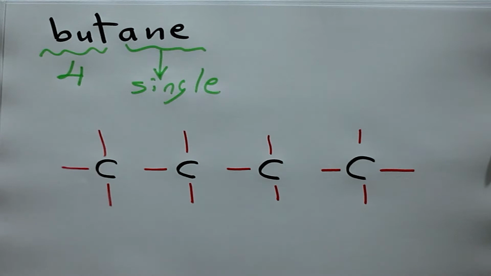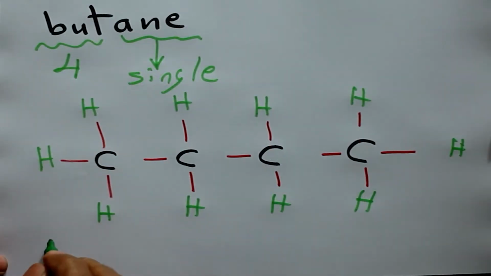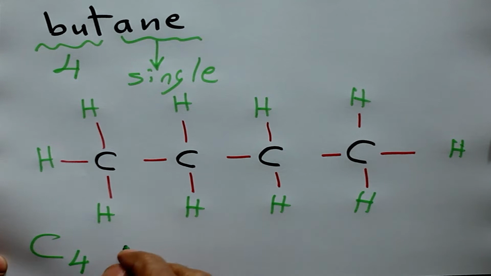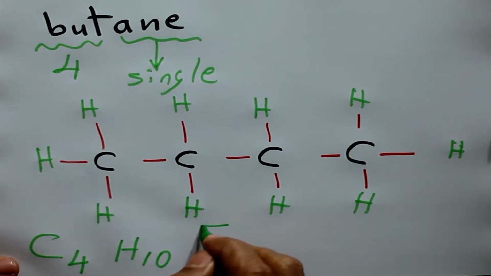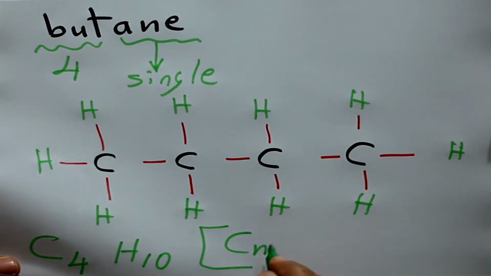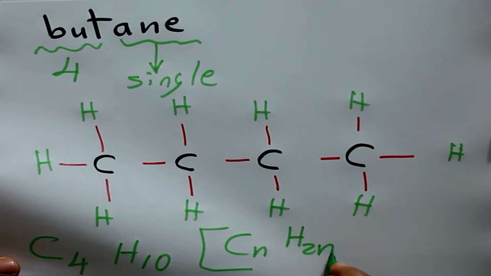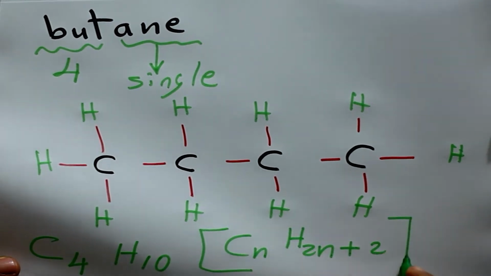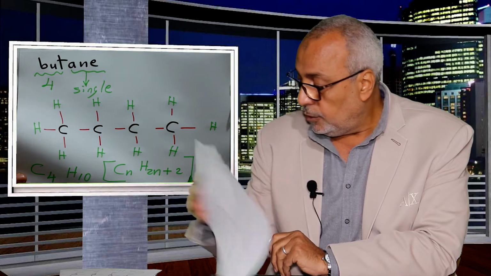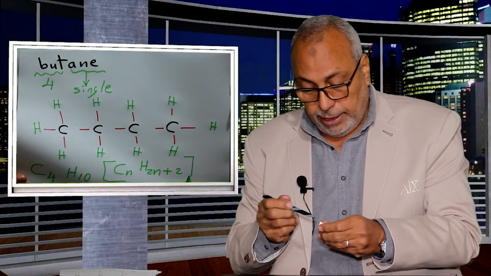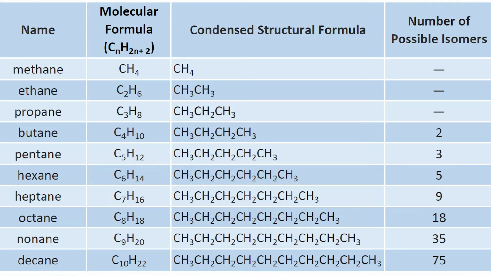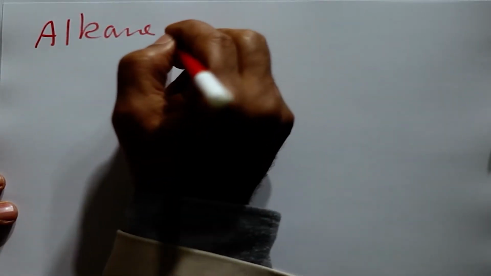Connect it with hydrogen, C4H10, according to the general formula CnH2n+2. This is the first rule for nomenclature.